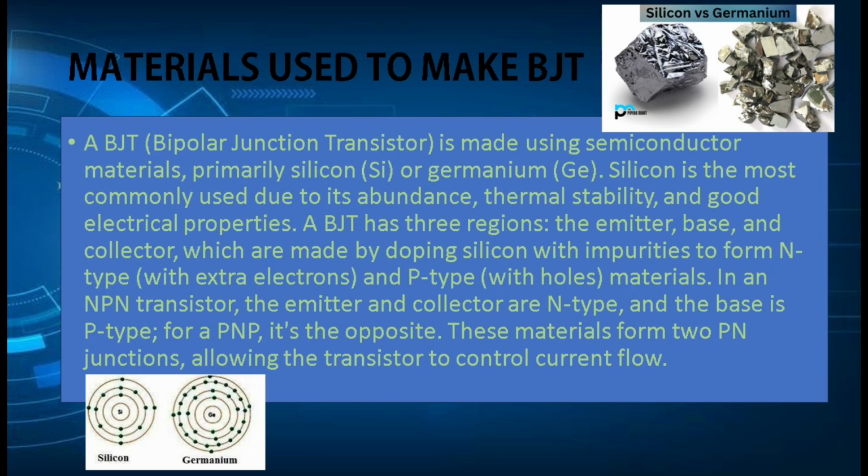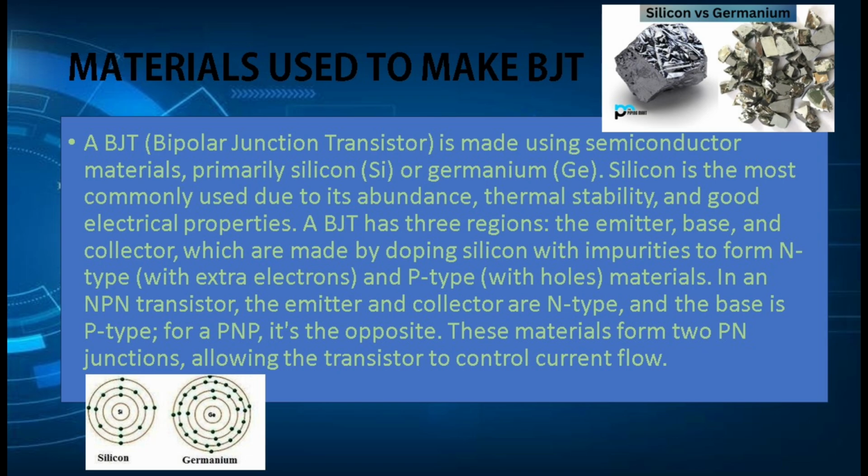So guys, now we are going to talk about the material that is used to make a BJT. A BJT is made using semiconductor materials, primarily silicon or germanium. Silicon is the most commonly used due to its abundance, thermal stability and good electrical properties.